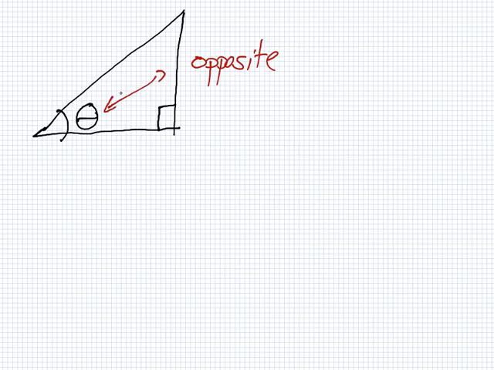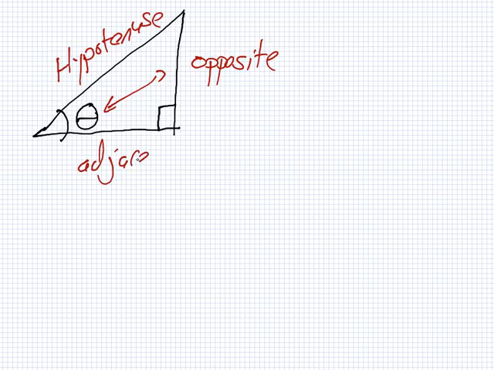So what we're going to look at is how the sides can be related, their relationship. For example, you have the possibility of comparing the opposite with the adjacent, or you could do opposite with hypotenuse. How many possibilities do you have here of comparing one side to another side?